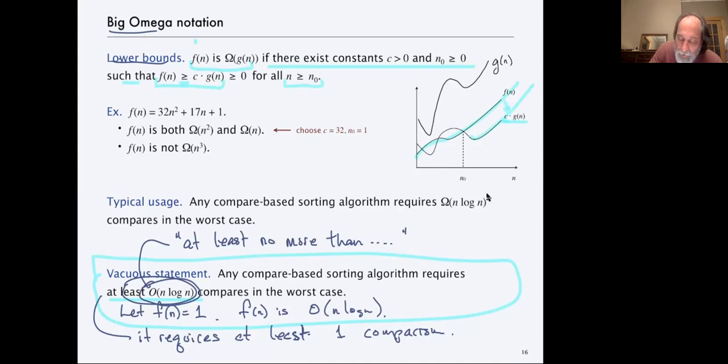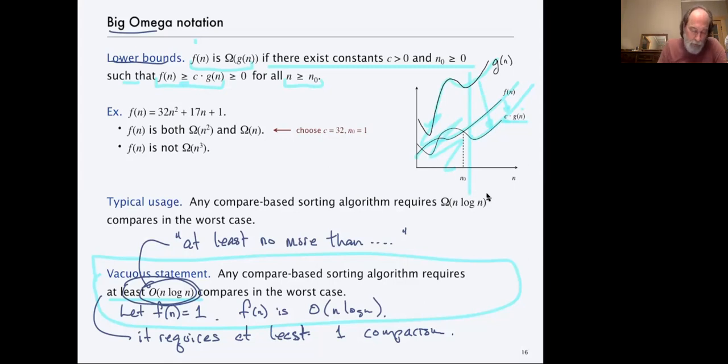Maybe not always, maybe there's some small values where it's not the case, but except for some finite number of small values, it's always below f of n. That's a lower bound for f of n. And again, our constant serves this purpose. Maybe this is g of n, maybe g of n is never smaller than f of n, but I can multiply it by a constant that makes it a lower bound. In that case, in this setting, C will be smaller than 1 but larger than 0.